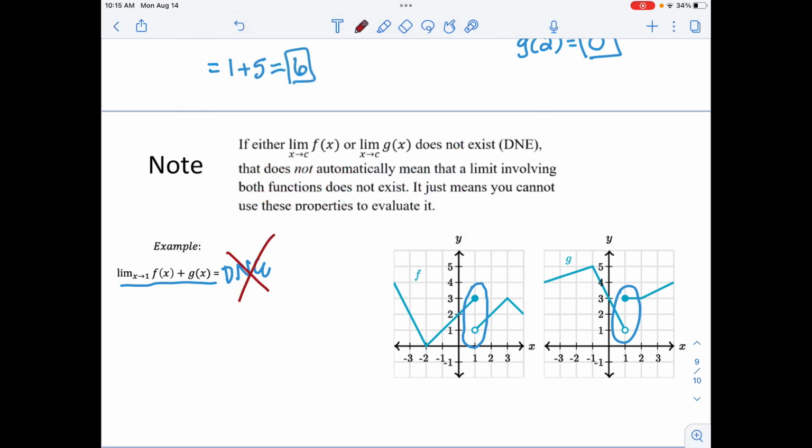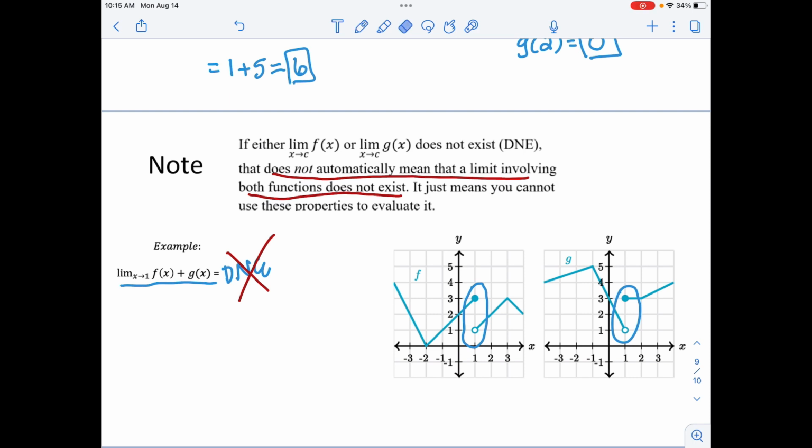It could be, but I said up here, if either the limit as x approaches c of f of x or the limit as x approaches c of g of x does not exist, that does not automatically mean that the limit involving both functions does not exist. It just means that you can't use the properties we're used to evaluate it.